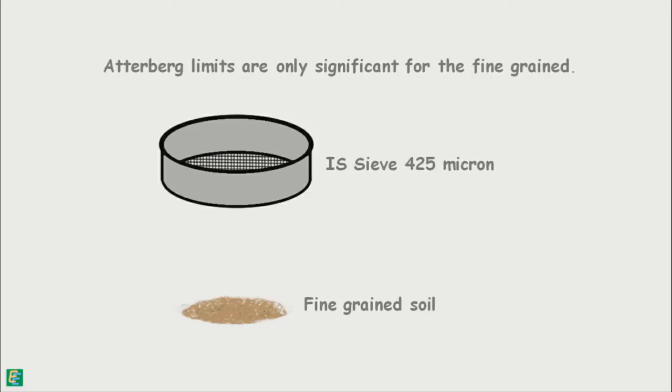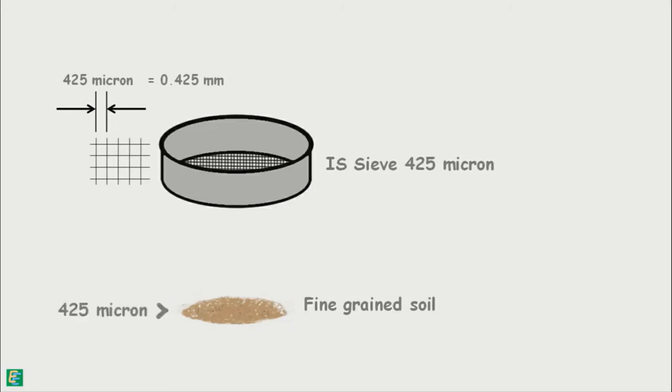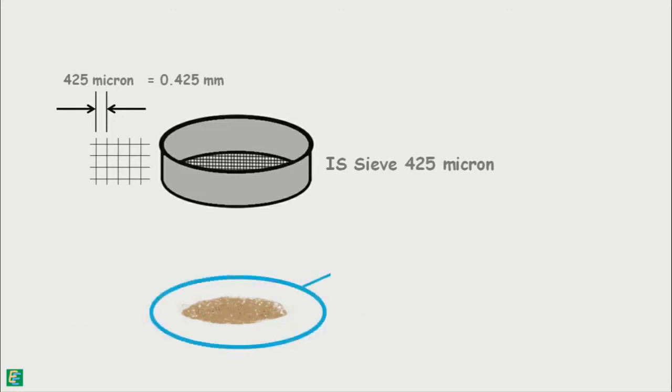A 425 micron IS sieve has mesh openings of 425 micron or 0.425 mm. The particles we get after the sieving are all of size less than 425 micron. These particles include fine sand, silts and clays.